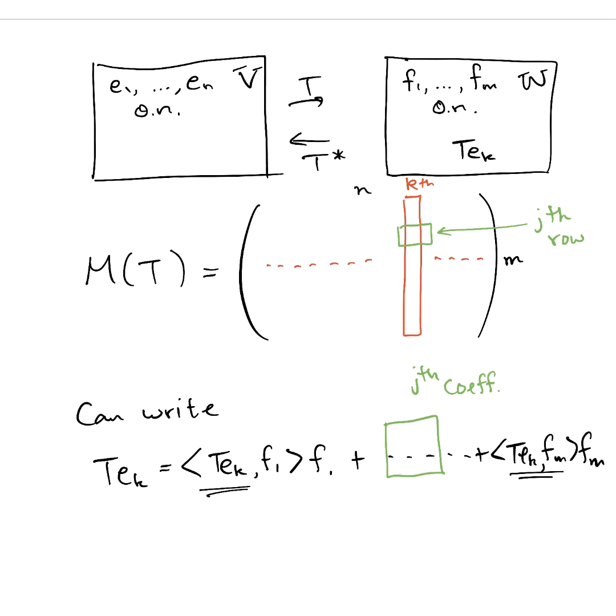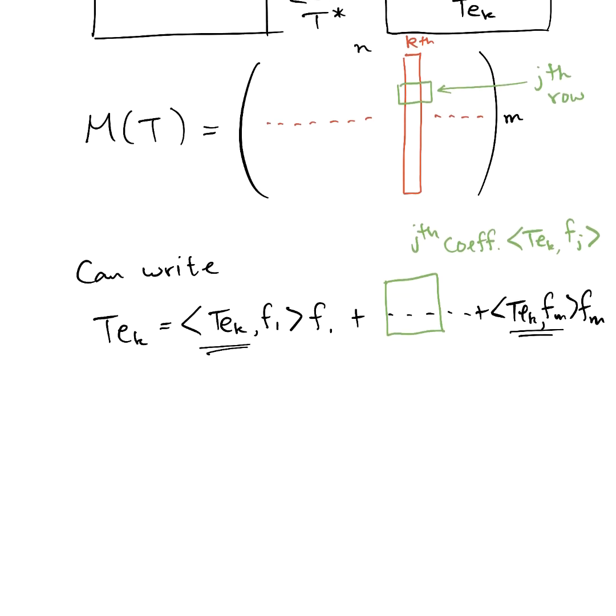And the jth coefficient is T Ek, inner product with Fj in particular. Okay, so take one more look with your eyes at that representation for the matrix for T. We know what's in the jth row, kth column.